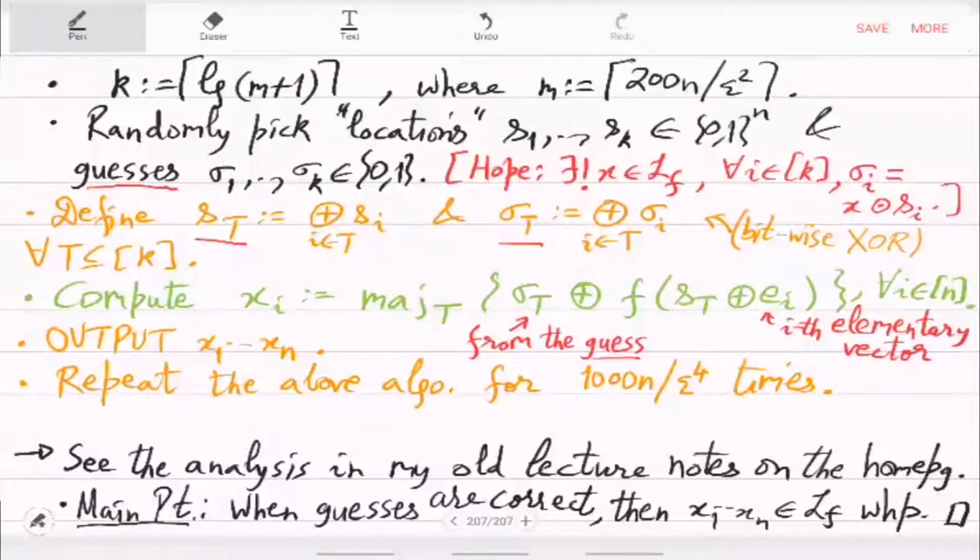So this will really depend on the guesses. You can think of the guesses also as a part of the input. Hence it is a good local list decoder. Given the right guess, the right advice, you get an element in the list, otherwise not. That is what you have to show. So now let us move to the local list decoder for Reed-Muller.